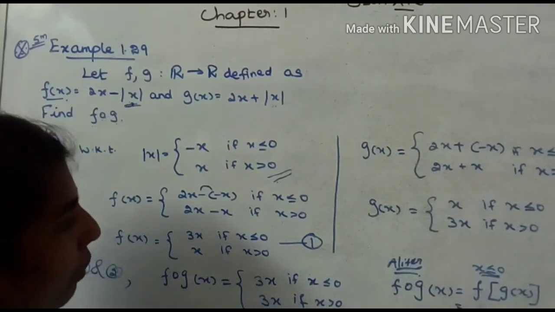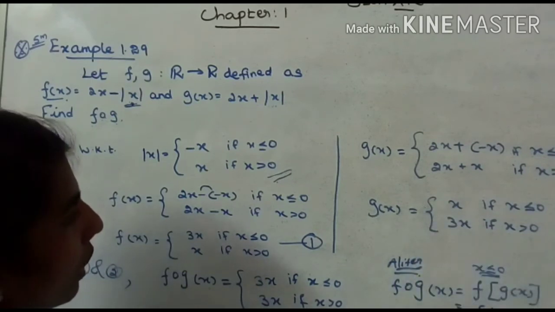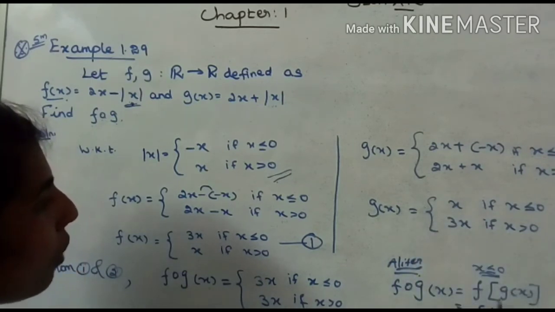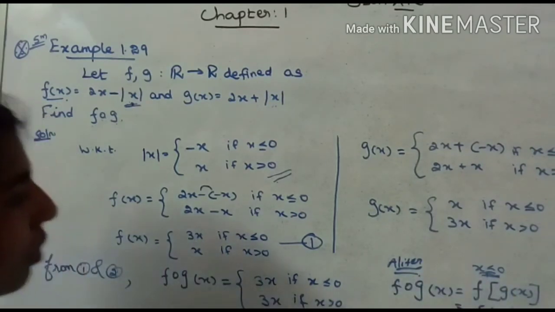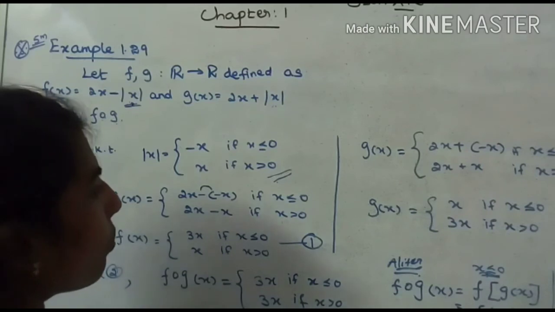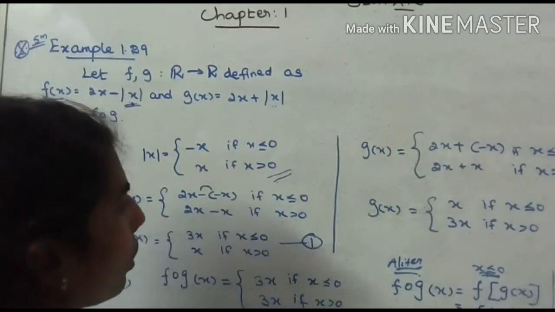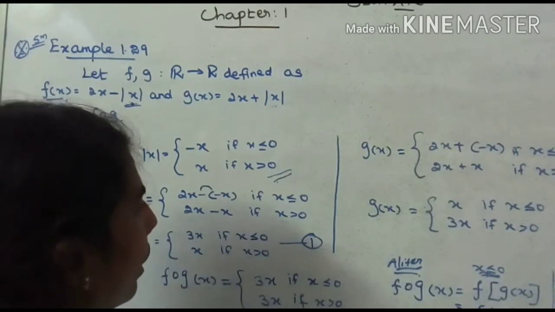In that interval g of x value is x, so here we get f of x. But for x less than or equal to 0, f of x value is 3x. Okay. And again find out if x greater than 0, then g composite with f of x equal to f of g of x.